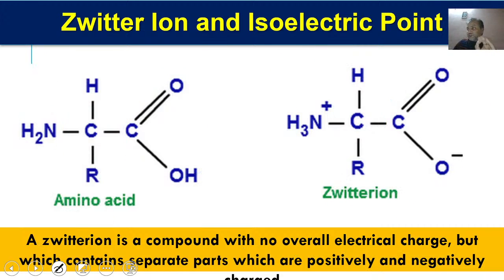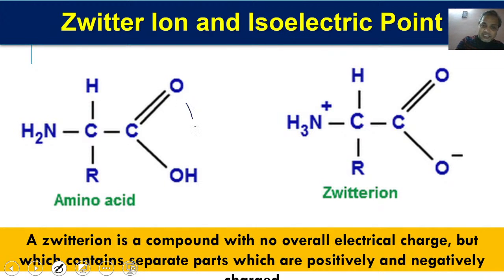An amino acid gives you a Zwitterion only at a specific pH, which is fixed for every amino acid. Glycine will be in the Zwitterion form at a specific pH, and tyrosine will be in the Zwitterion form at another pH. So every amino acid has a different, separate pH for its Zwitterion form.